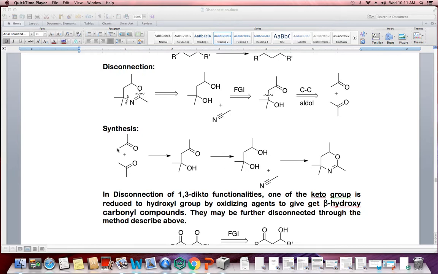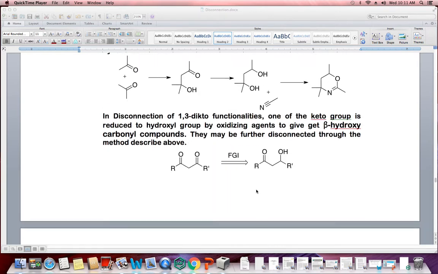The synthesis is very simple. When these compounds are treated with base, we get beta hydroxy ketone as a product. Now, this ketone is treated with reducing agent sodium borohydride to convert carbonyl compound into alcohol. And when this compound is treated with acetonitrile, we get our target molecule.